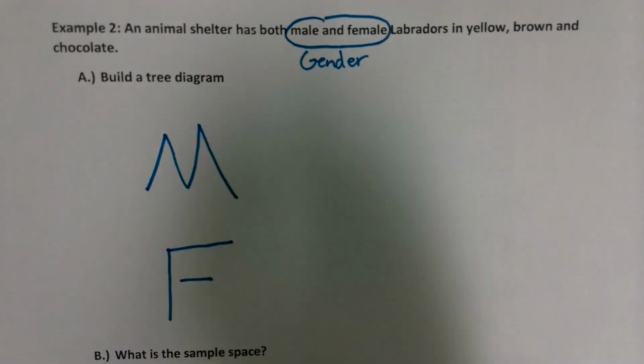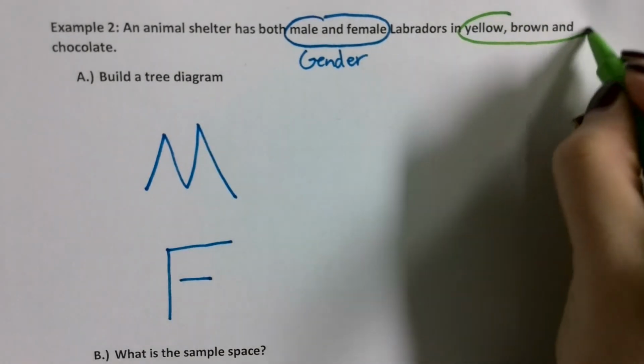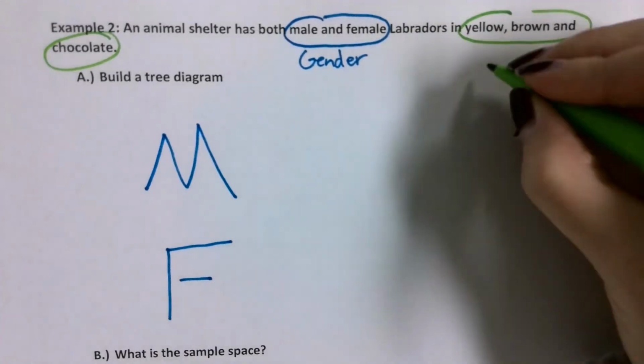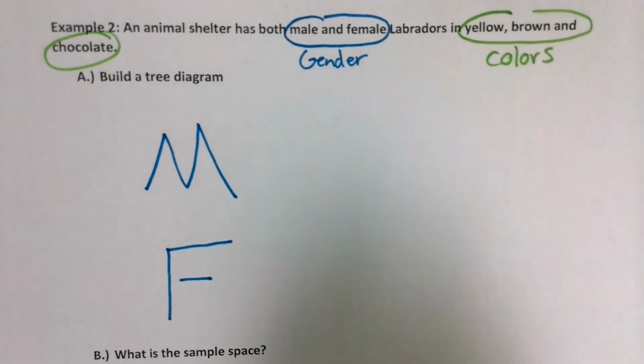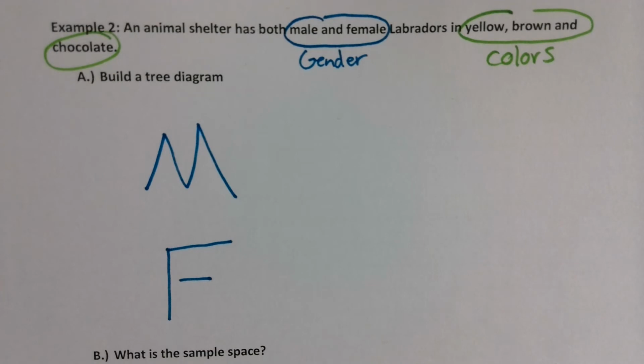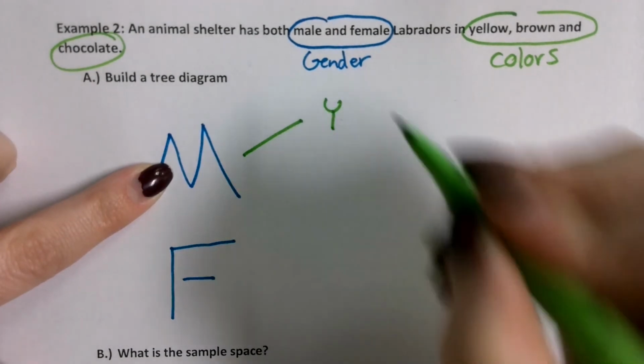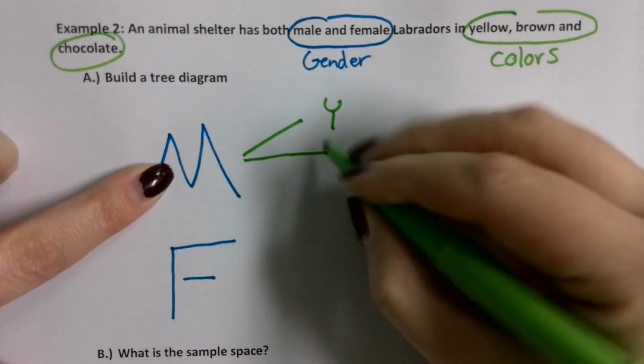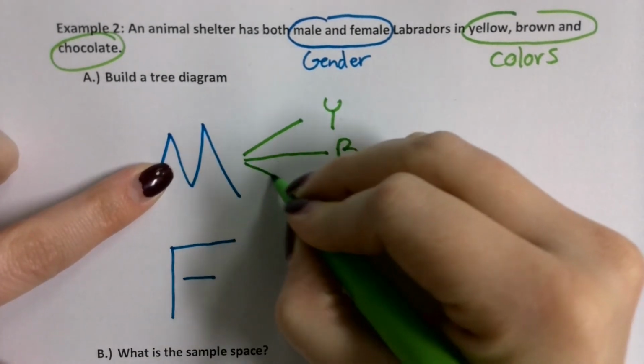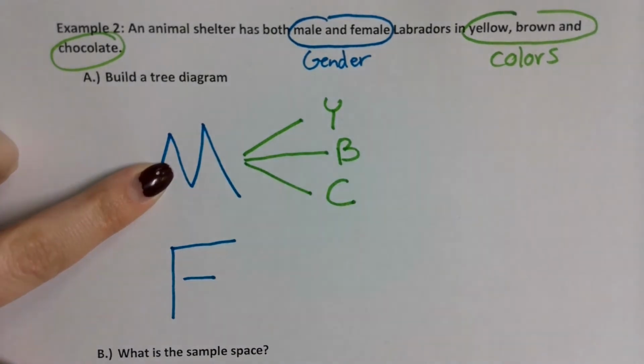Then in green, we'll do the options for colors, which is 3 branches coming off of the tree. So the male dog could be yellow, it could be brown, or it could be chocolate. But male is not the only option.